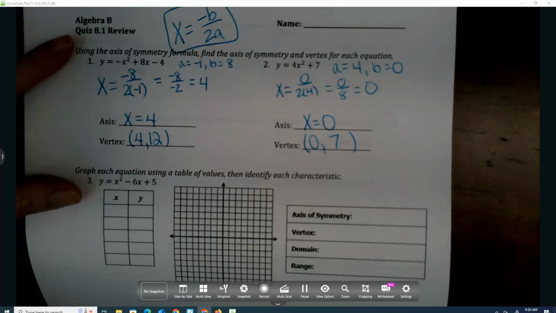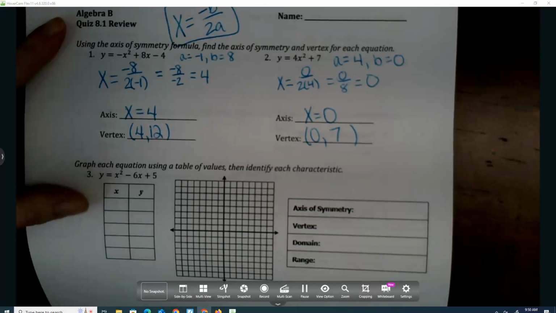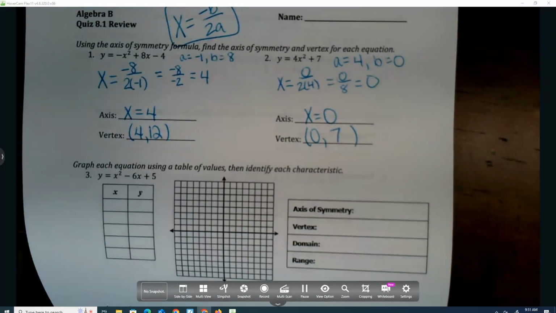All right, so the first 2 questions on your quiz are going to be just like these 2 questions. All I'm going to do is ask for vertex and axis of symmetry. So axis of symmetry, x equals opposite of b over 2a.